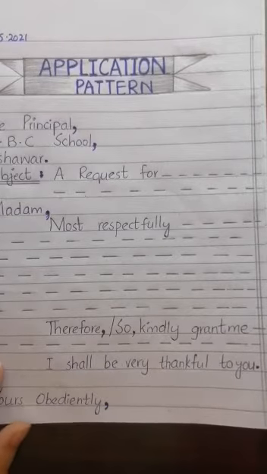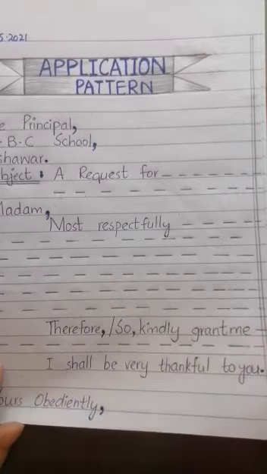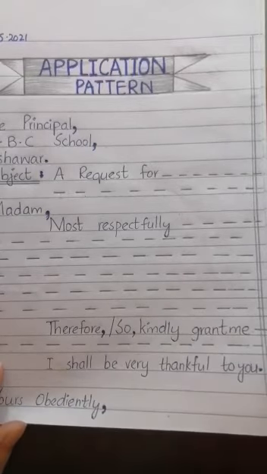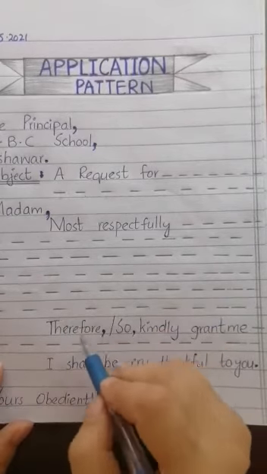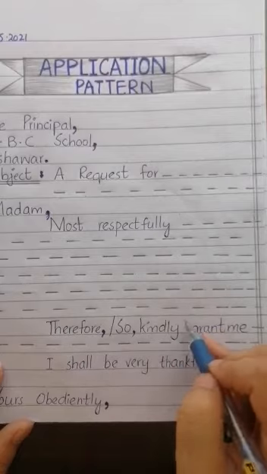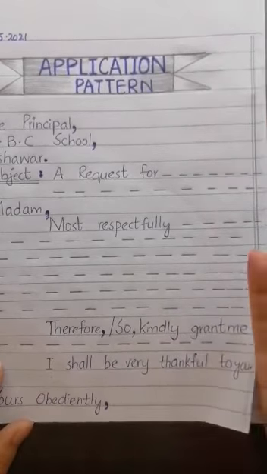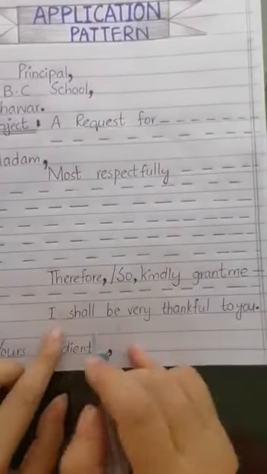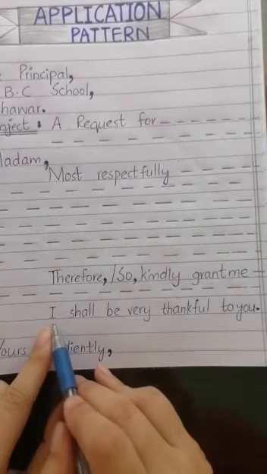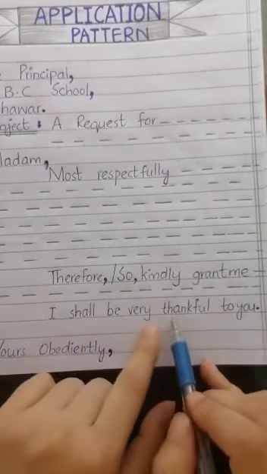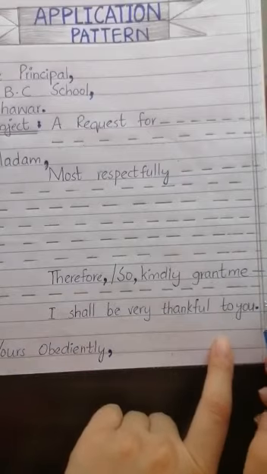And if you are writing an application for, for example, a school leaving certificate, then you will write so kindly, or therefore kindly provide me. Then you will not write grant, you will write provide me school leaving certificate. After that, in the same way you have to write here, I shall be very thankful to you, and full stop.